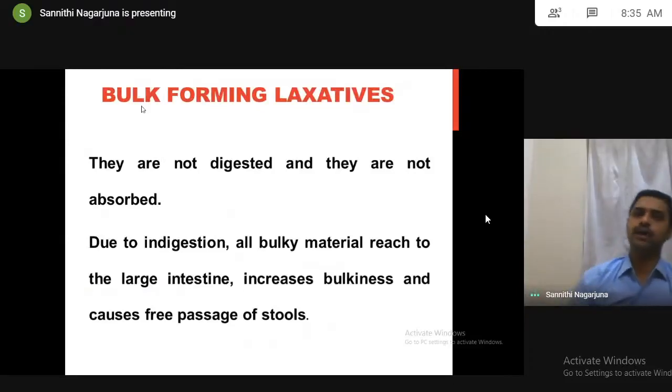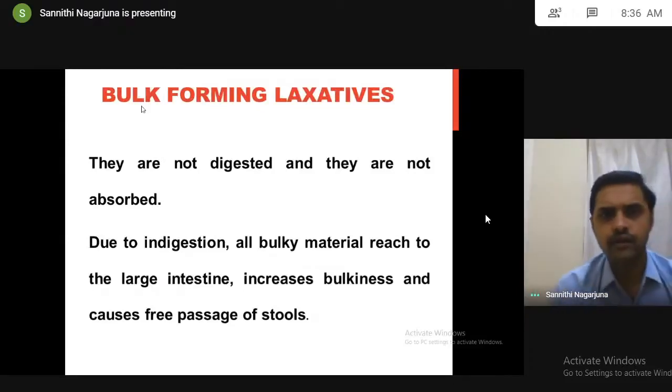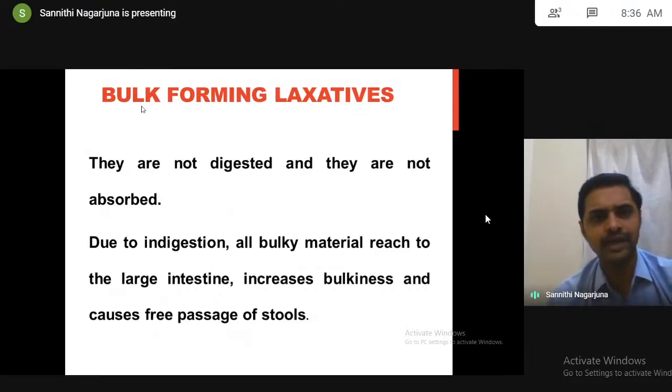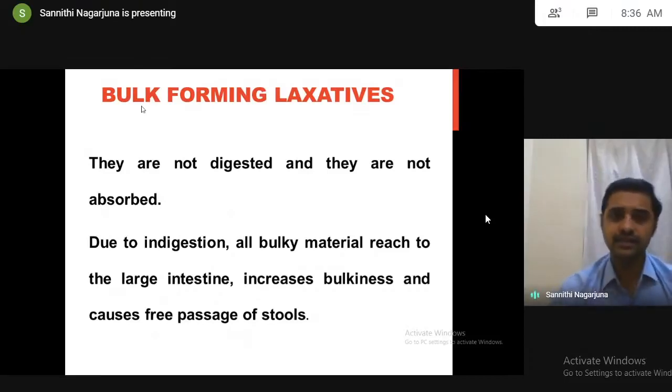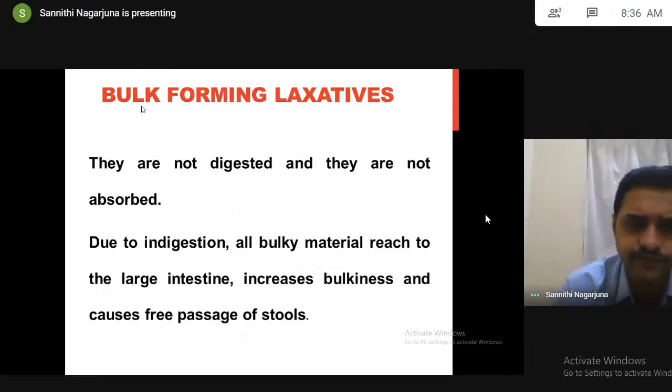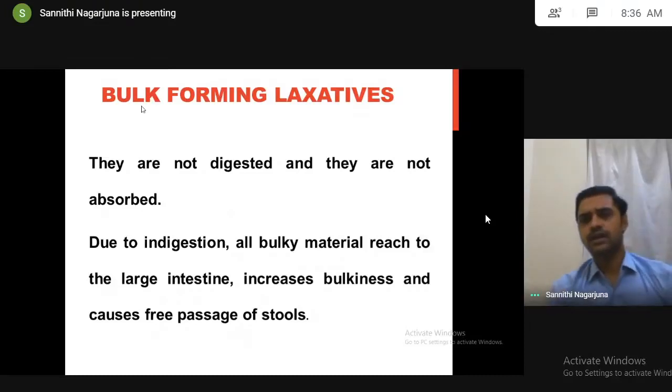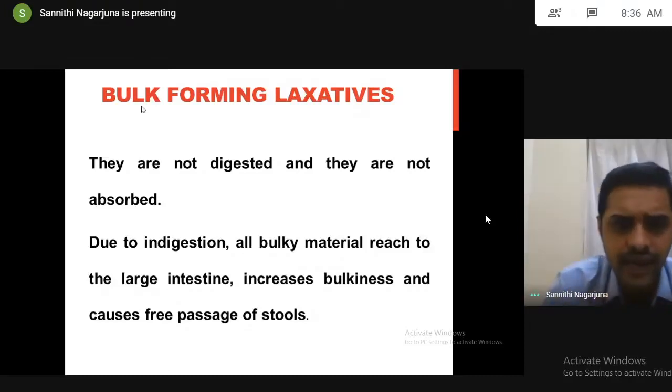So coming to the next, bulk forming laxatives. From the name itself, you can understand that these agents are not digested, and they are not absorbed.